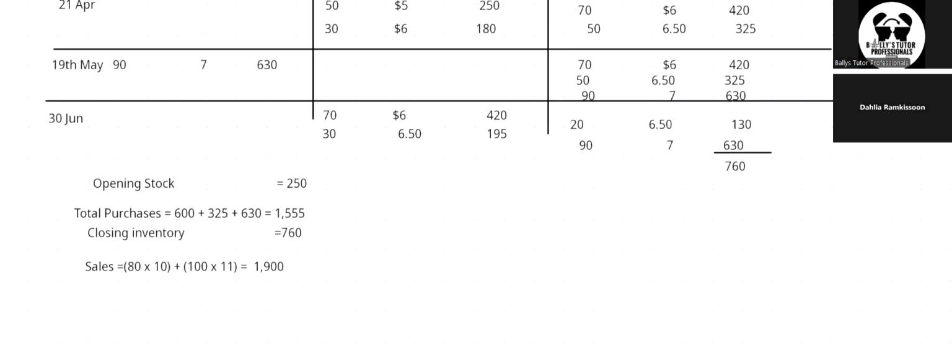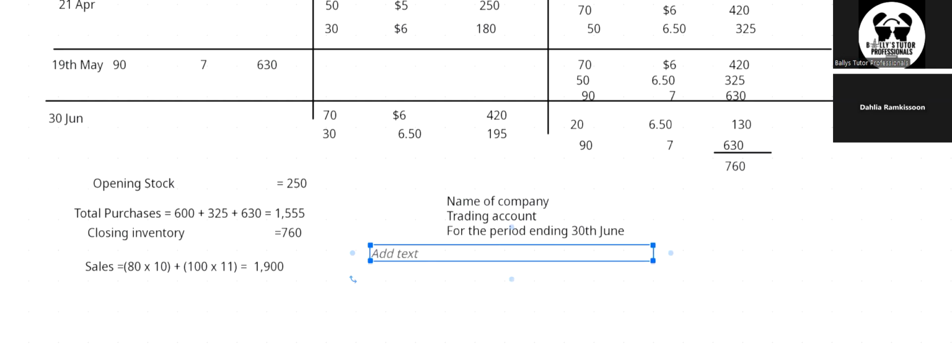So, name of company, trading account, for the period, and then to June. I have my sales, which is 1,900. And I can calculate my cost of goods sold. I have opening stock, I have my purchases, and my closing stock.